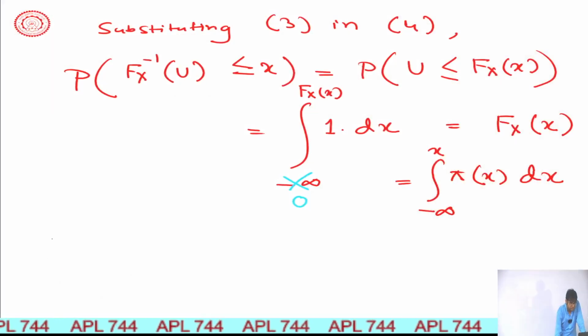And that is exactly what we are getting, which means this proves that this transformation does generate samples from the target distribution.